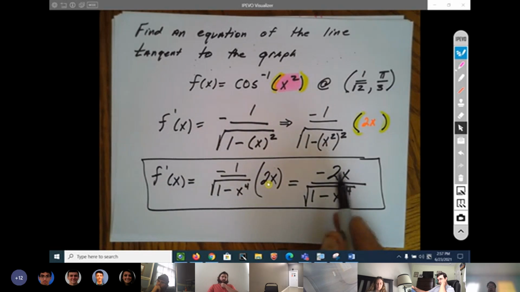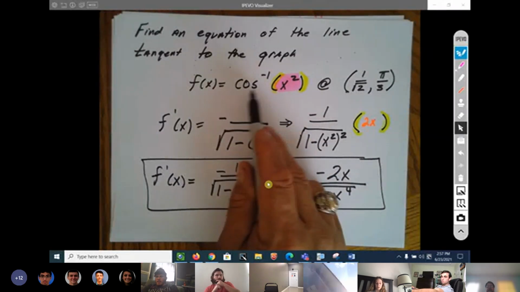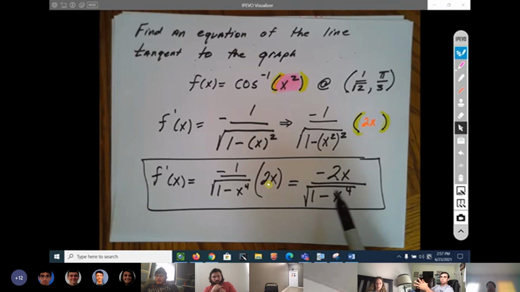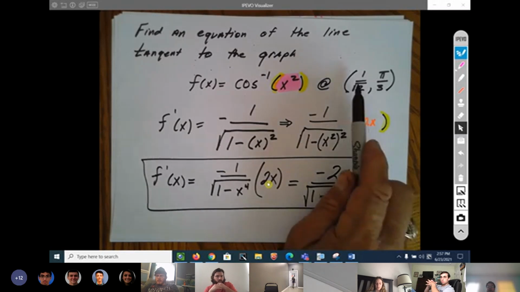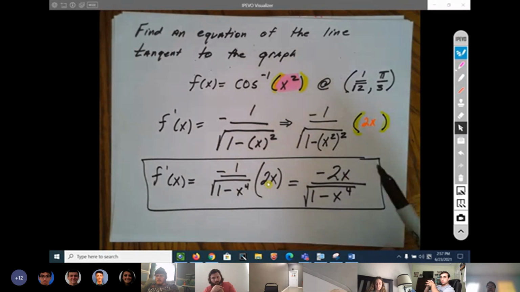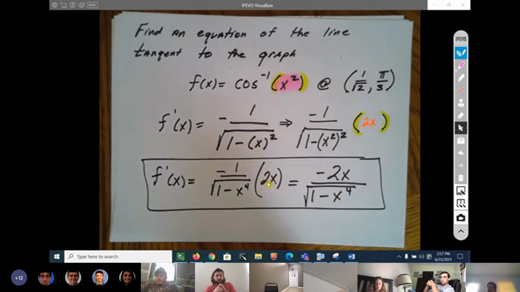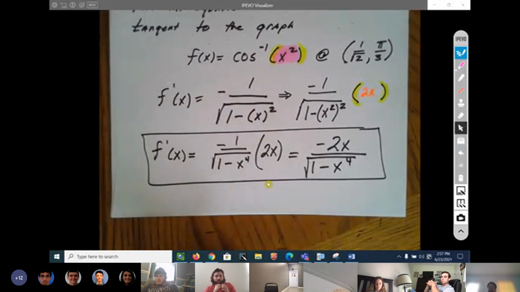So that is the equation for the slope of the tangent line at any point on this curve. Now, the slope at 1 over square root of 2: you've got to plug and chug. So go ahead and do that.